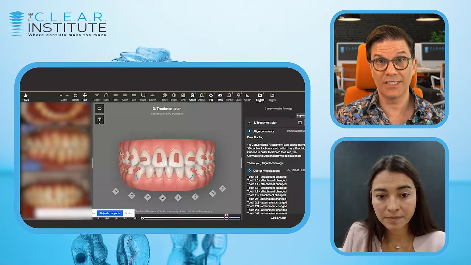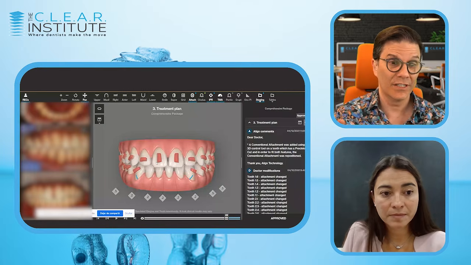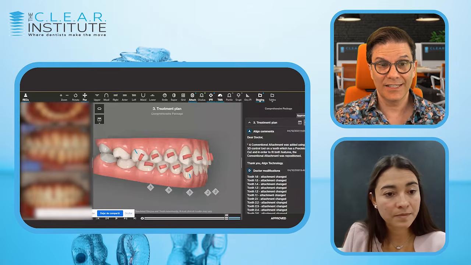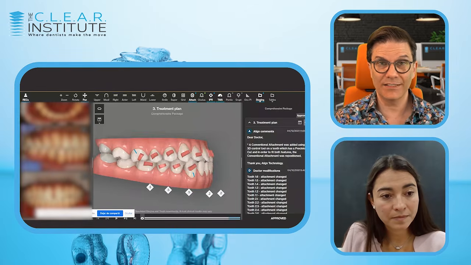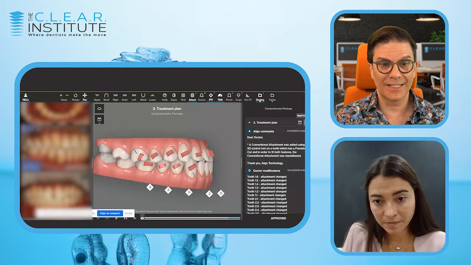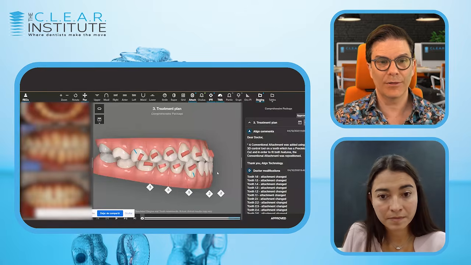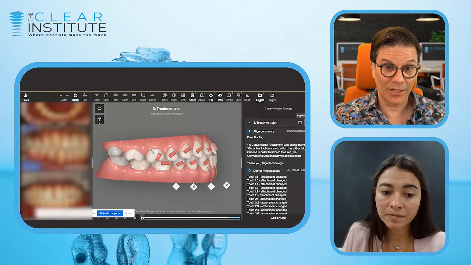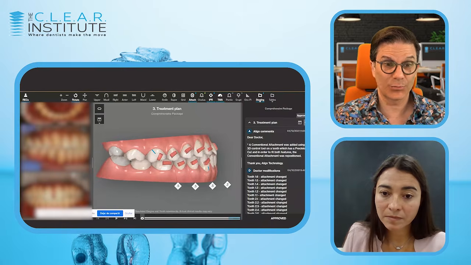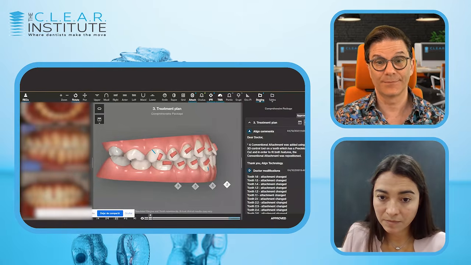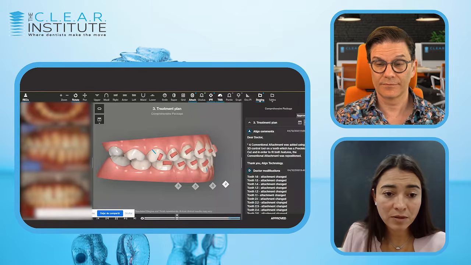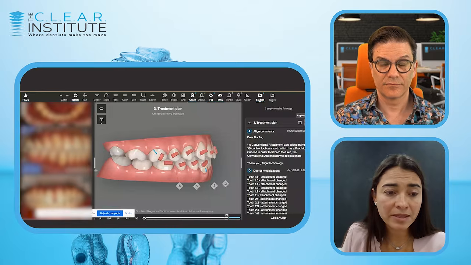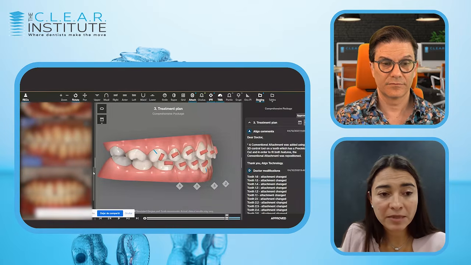If you feel these things, this is where you have to tell ClearTPS about them, because they may have ideas with pictures, but the more information you can give them, the more they will give you a treatment plan that is predictable for your case. Yes, absolutely.